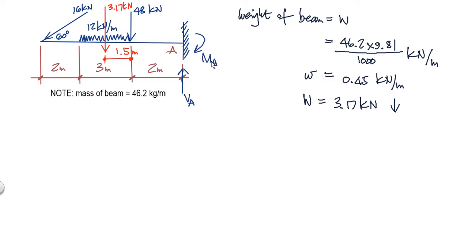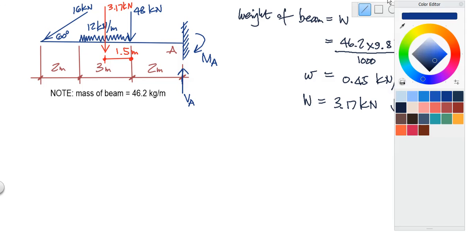And this force here, because it's at an angle, we've got to resolve it into its components. So I've got a force sitting like so, and I've got a force sitting like so.